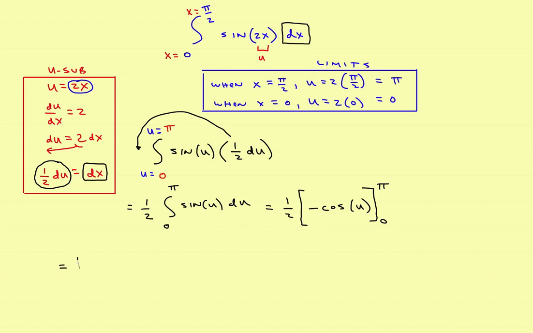So now I've got 1/2 of, and first of all, go ahead and evaluate the top number minus the bottom number. So I'll put this in parentheses, minus the cosine of pi. That's the top number. Now plug in the bottom number, minus the cosine of 0.